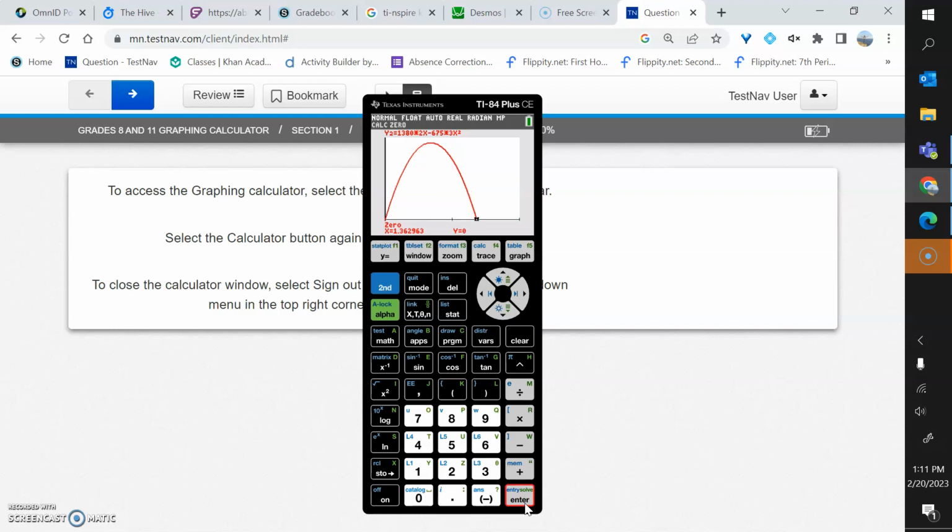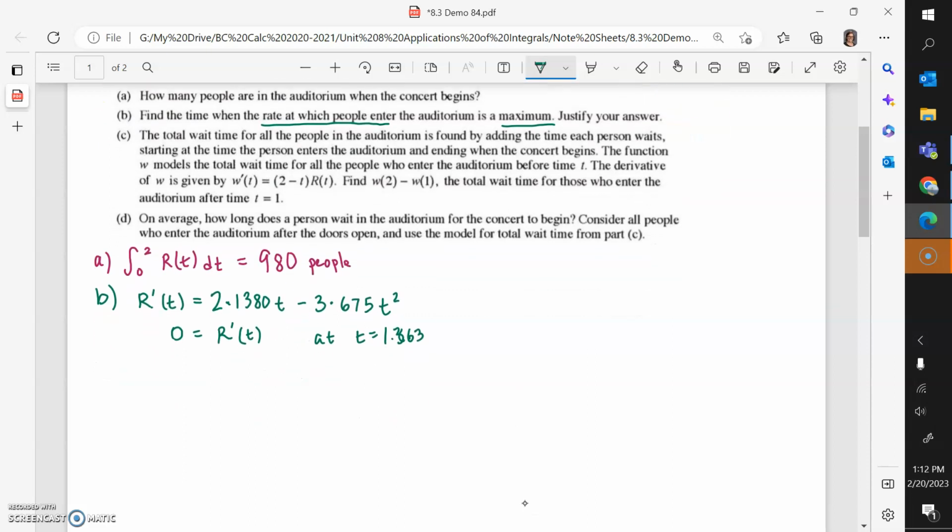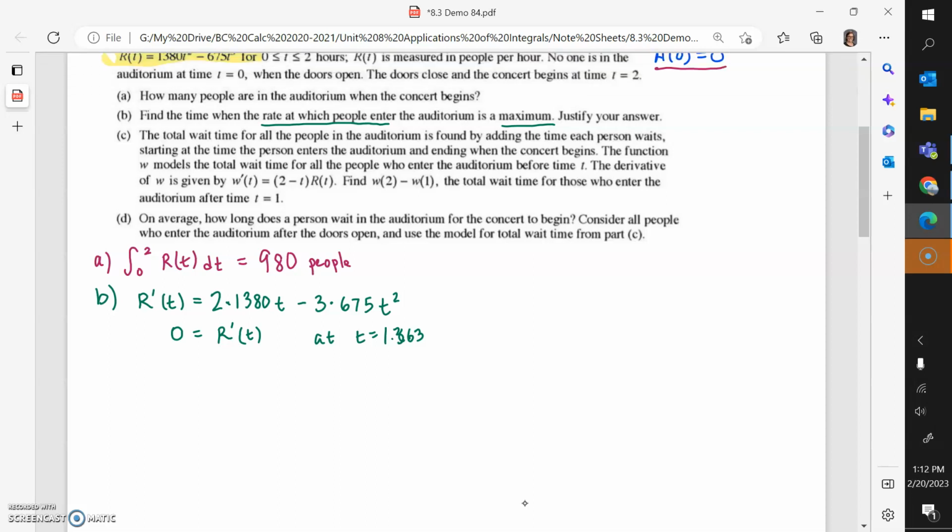So the time is 1.363. It says to justify the answer.